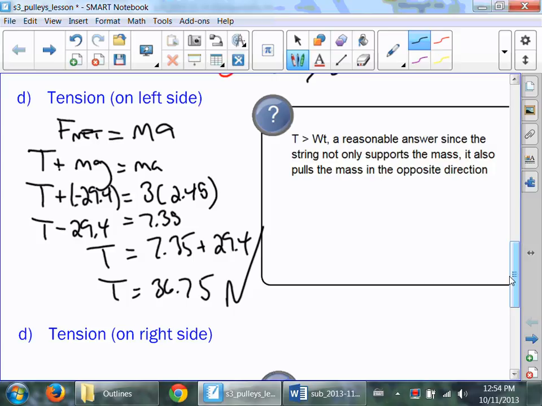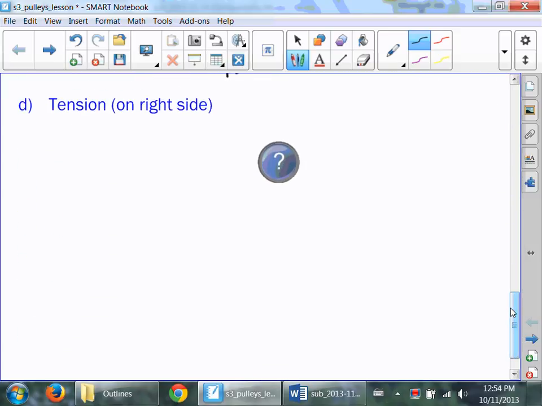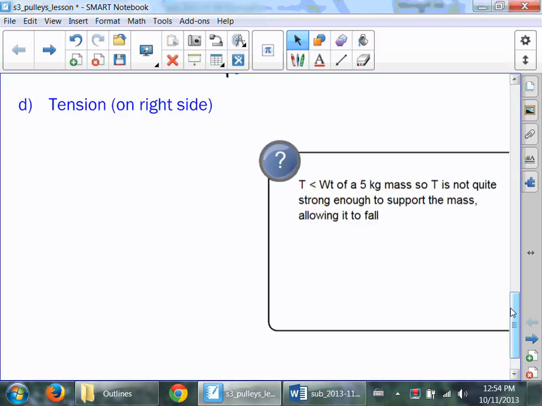Now, how about the tension on the right side? Now, the tension is less than the weight, so tension is not strong enough to support the mass, therefore the object falls. So in this case, what we have to consider is because the object is going down instead of up, the acceleration is negative now.